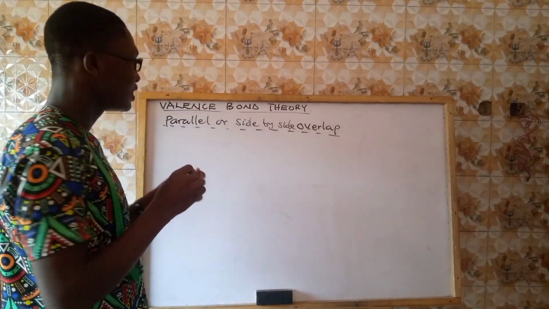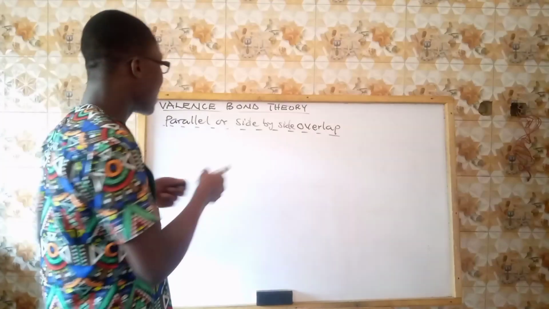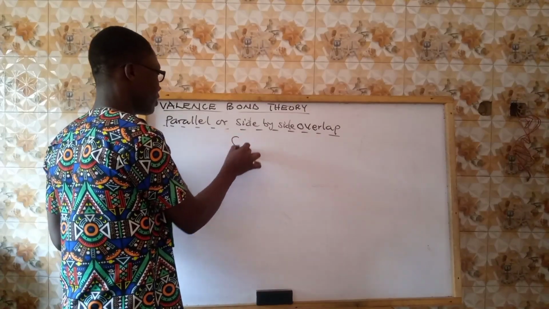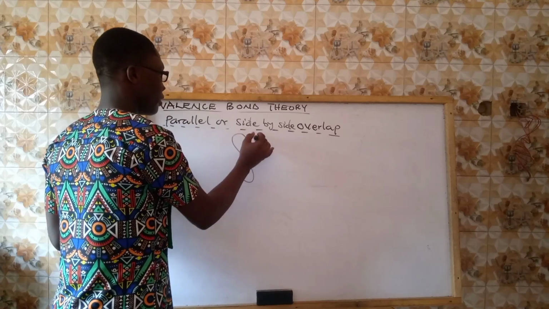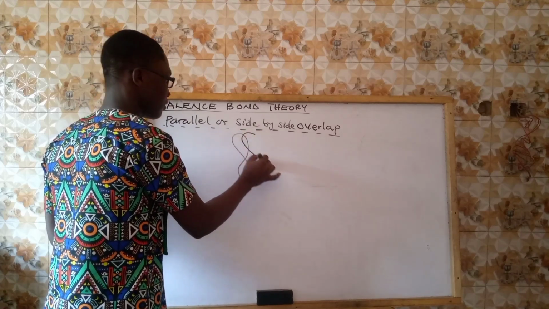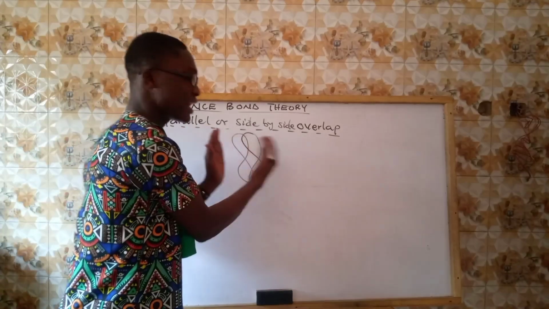So for this one, they will overlap side by side or laterally. So we have this orbital here, we have this orbital, and they will overlap with this orbital. So now you see they overlap laterally.